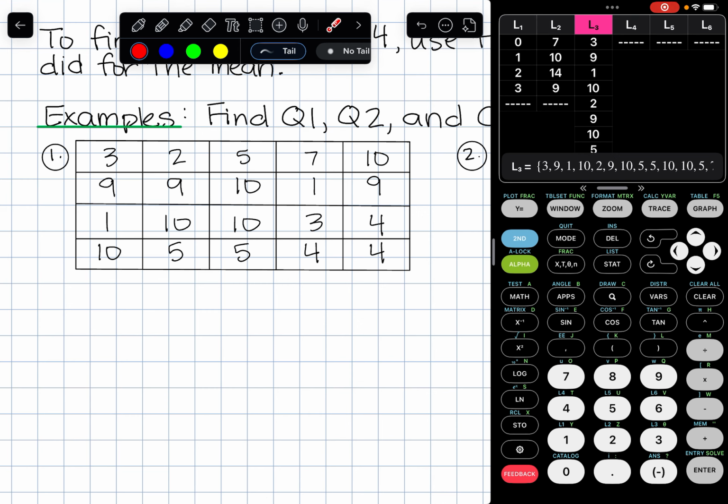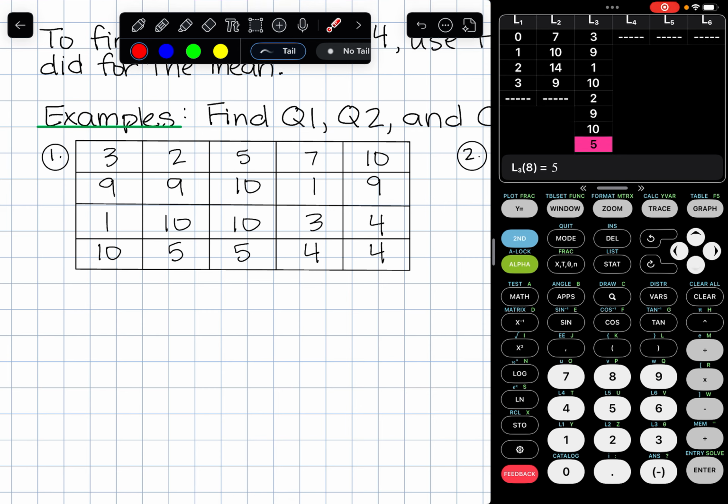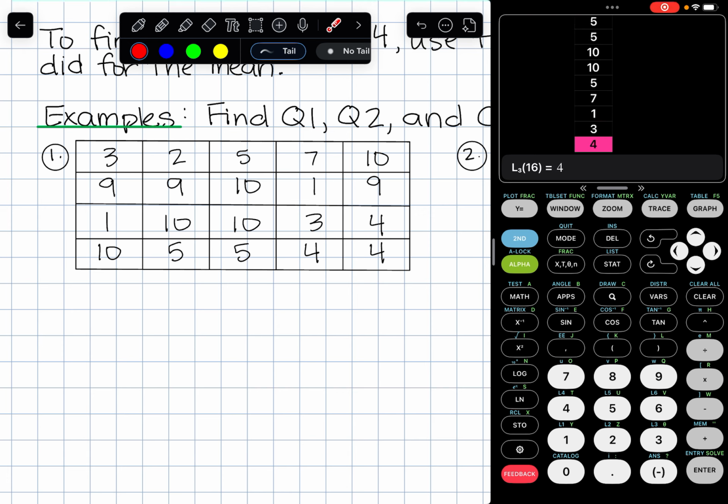And I have a sneaking suspicion that data might be wrong. So let's scroll down the list. So 3, 9, 1, 10, 2, 9, 10, 5, 5, 10, 10, 5, 7, 1, 3, 4, 10, 4, 4, 9. Okay, so last row is out of order, but it's all there.